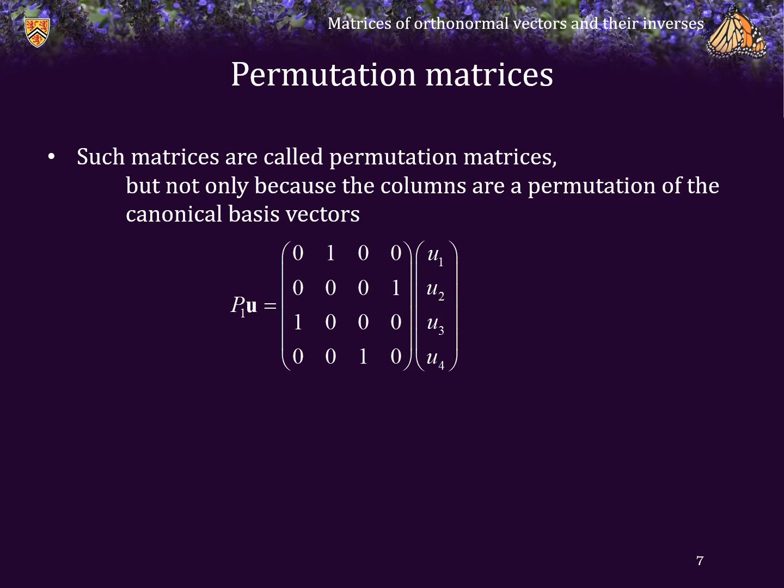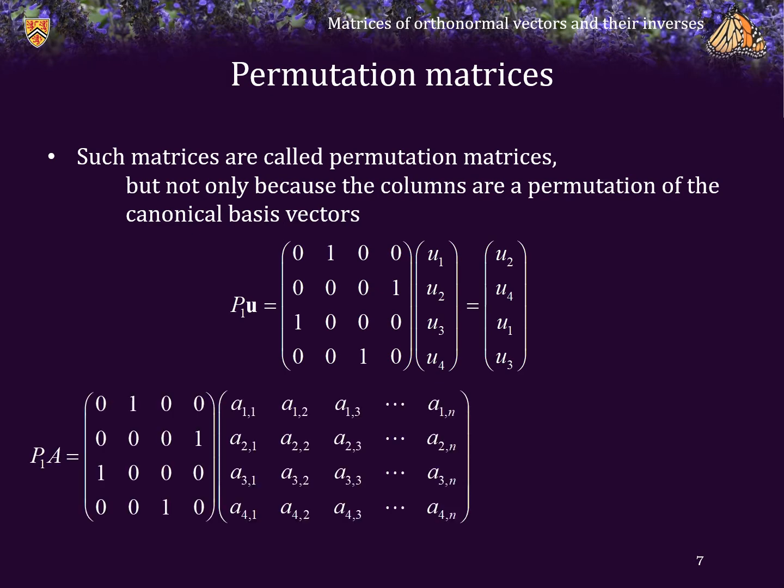Well, if you were to work it out, you'd see all it does is permute the entries of the vector. So the entry u1 becomes the third entry, the entry u2 becomes the first, the entry u3 becomes the last, and the entry u4 becomes the fourth entry, at least for this permutation matrix P1.